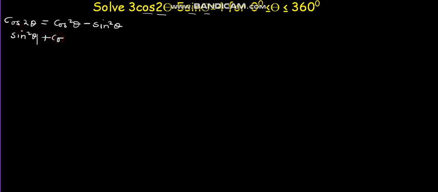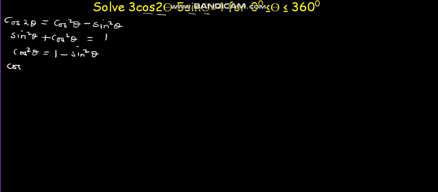Therefore we shall say sine squared theta plus cos squared theta is equal to 1. We shall make cos squared theta the subject such that we replace it with the cos squared theta in the double angles. We shall have cos squared theta is equal to 1 minus sine squared theta.